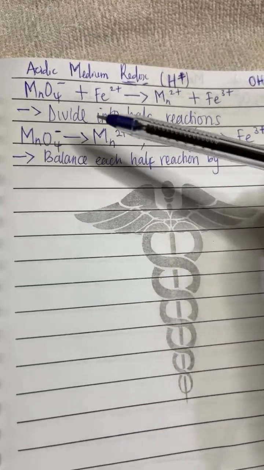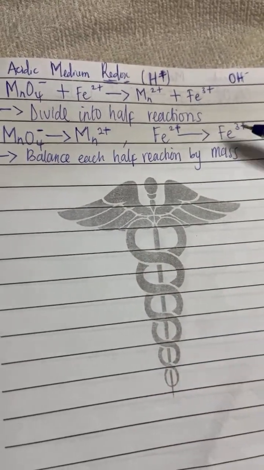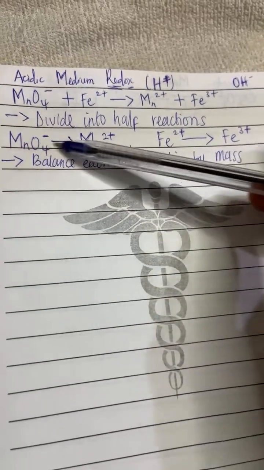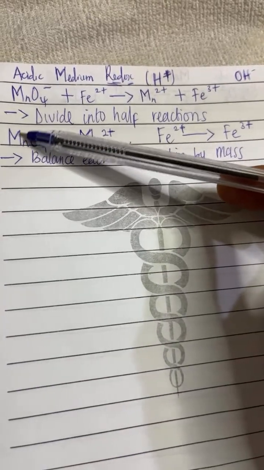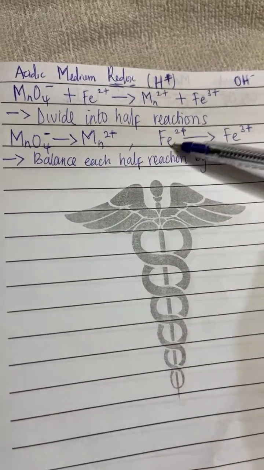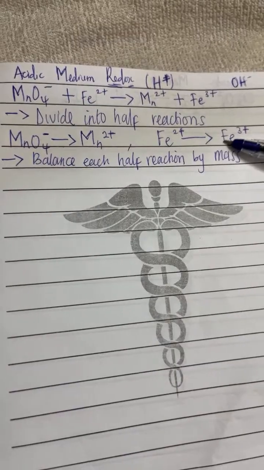Manganese is at the product side, also at the reactant side, you see. Iron is at the product side, also at the reactant side. Here, you can see that it's already balanced by mass. There's nothing to balance. We only have one manganese atom at the reactant side, one at the product side too. One iron at the reactant side, one iron at the product side.